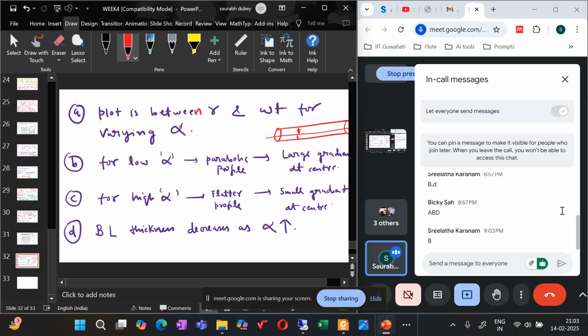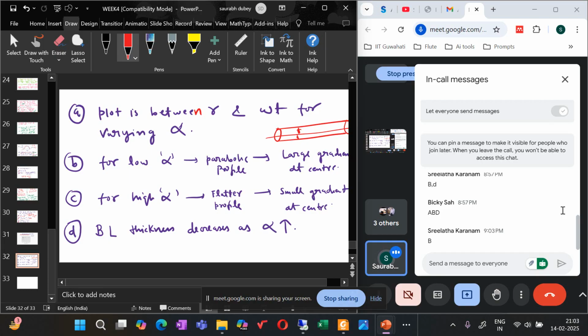So graphical questions will also be asked, like in these assignments you may have had some graphical questions, and if not, that's why these problem solving sessions are there. So you just look at it, and the last option, the boundary layer. Sri is saying B is correct. B is what?